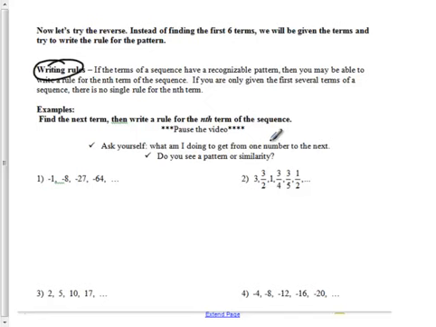So if we look at question number 1, how did we get -1? Then how did we get -8? Then how did we get -27, -64? Did we multiply by something? Did we add something? Did we cube something? Did we square something? So if you guys want to take a minute, you could pause it and think about what the pattern is.